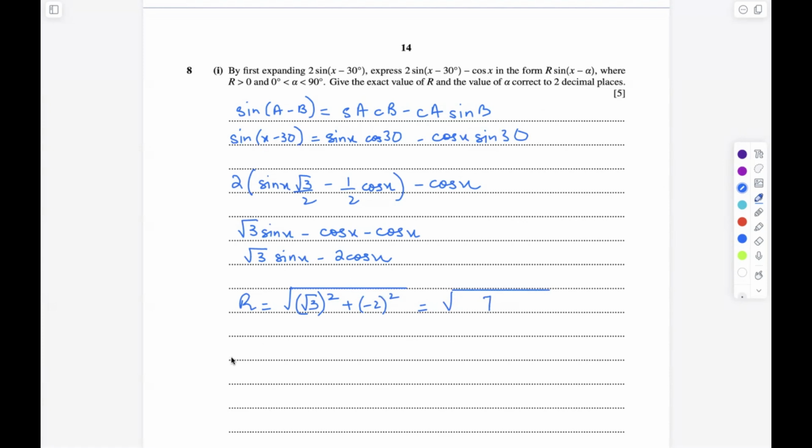To find alpha, alpha will be equal to tan inverse of 2 divided by root 3. Substituting this in the calculator, we get 49.106, and we can simplify it to write 49.11. So alpha is equal to 49.11.